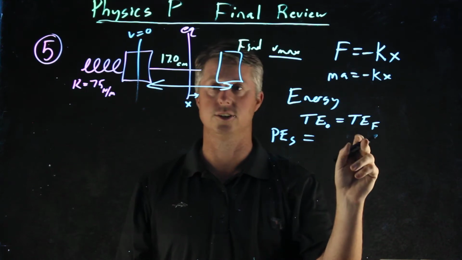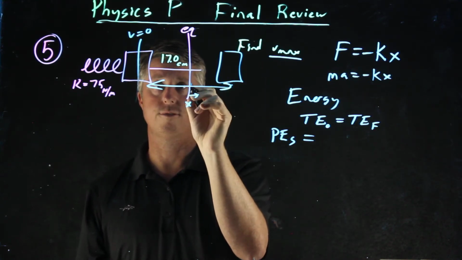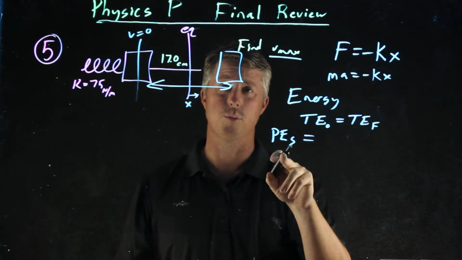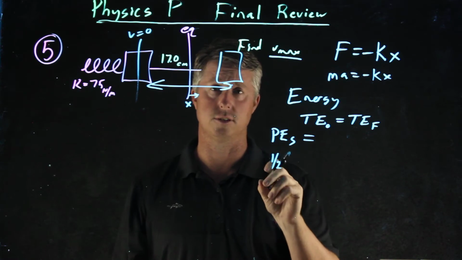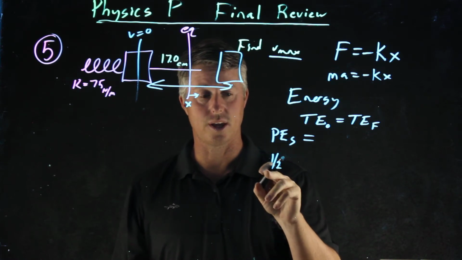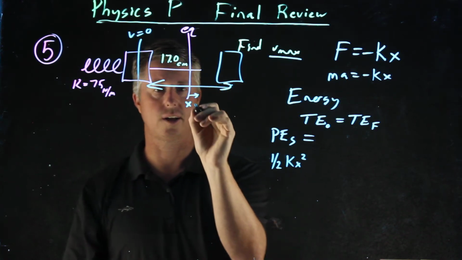My final energy, which is right at this point, there is no distance away from equilibrium, so there's no potential energy of a spring. And I know that because potential energy of a spring is 1/2 kx squared. Well, right here, x equals 0.